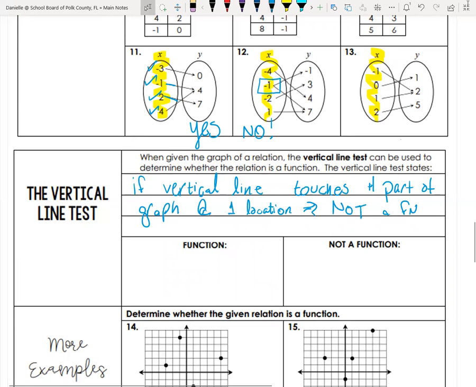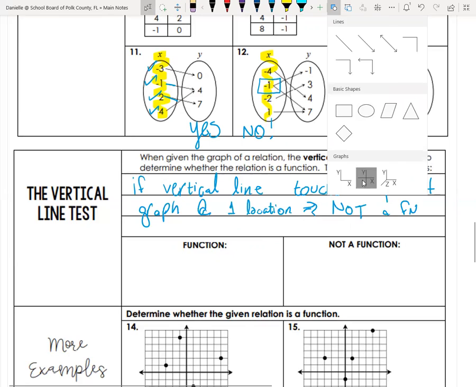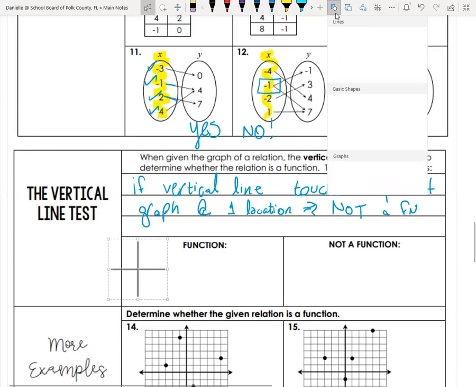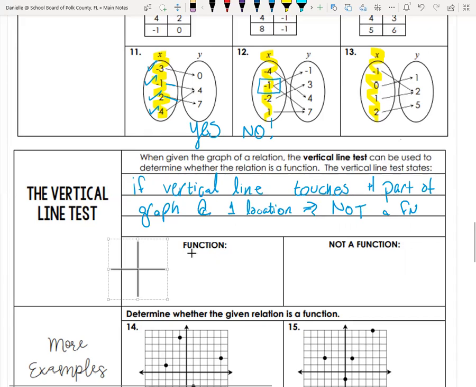So we can come up with several different examples for a graph. One example would be a horizontal line.